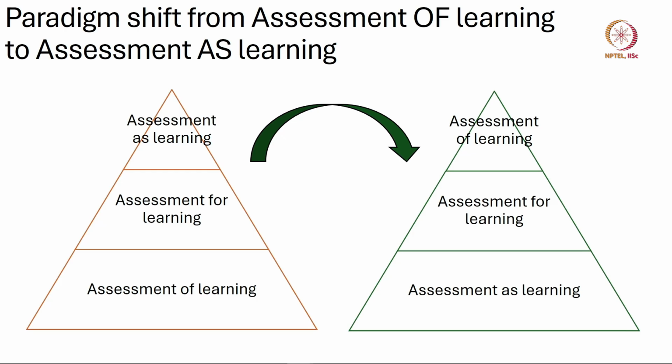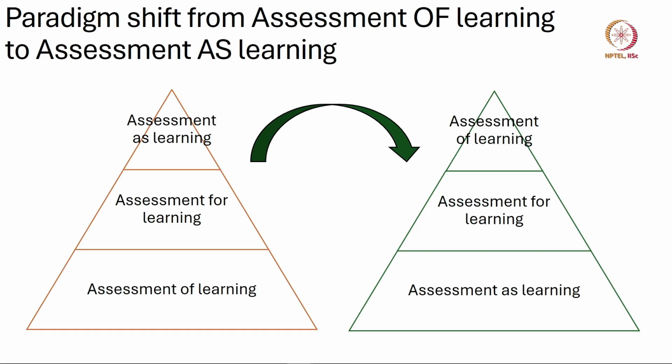And then there are some limited opportunities for assessment for learning, and there are minimal approaches taken for self-assessment, assessment as learning. However, if we want our students to attain the course outcomes better, to achieve the broader aims of education, to become independent thinkers, independent learners, we would like to do more of assessment as learning.